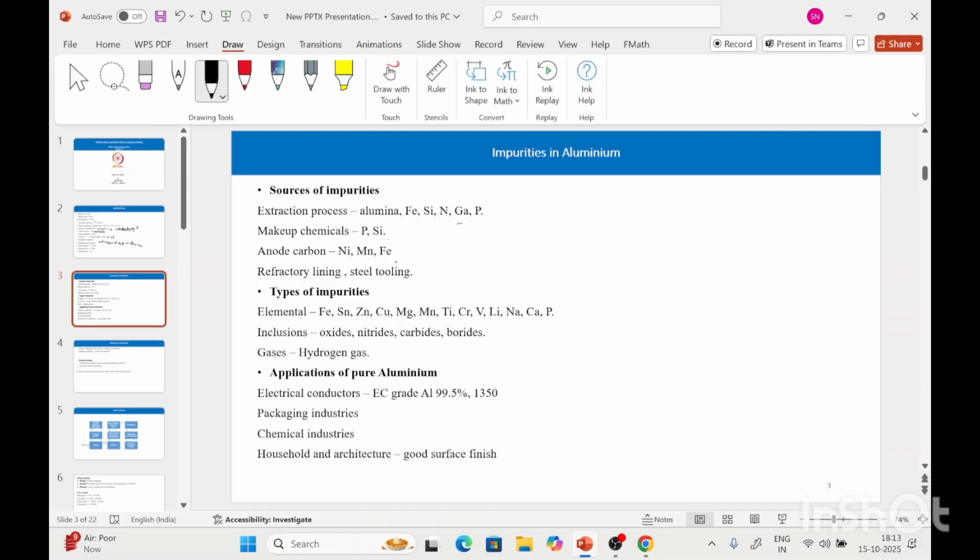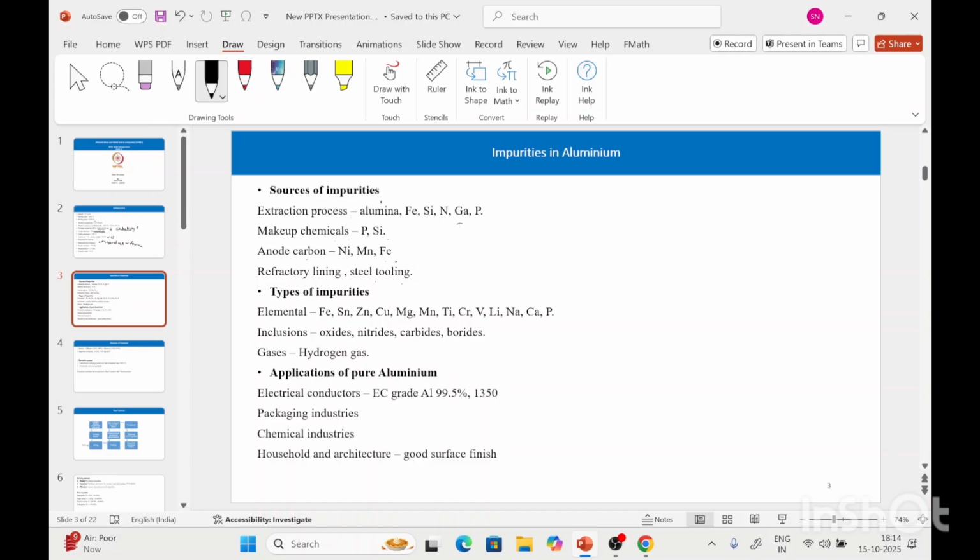The impurities in aluminum: if we want to extract aluminum from the ores, pure aluminum can have impurities coming from its refining and extraction process. The sources of impurities are the chemicals used to refine the aluminum from its ore, anode carbon, refractory lining and steel tooling.